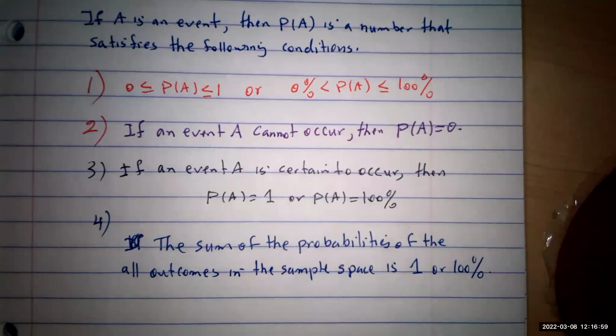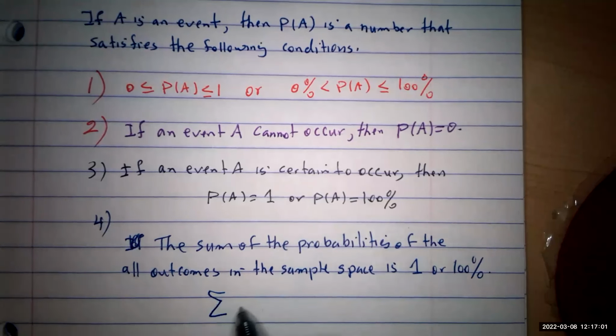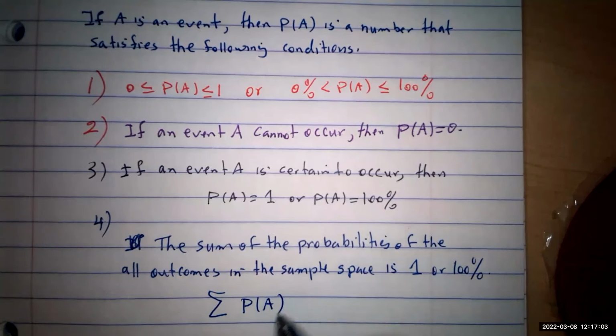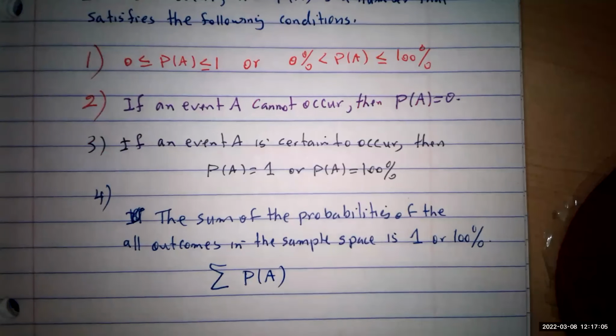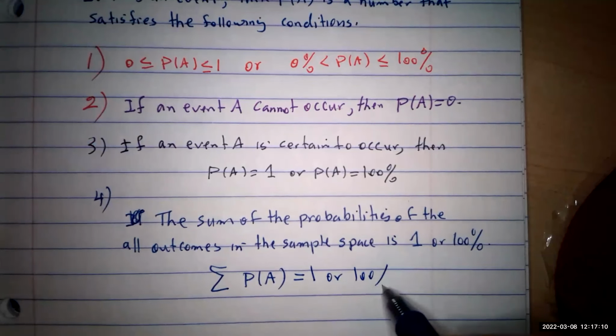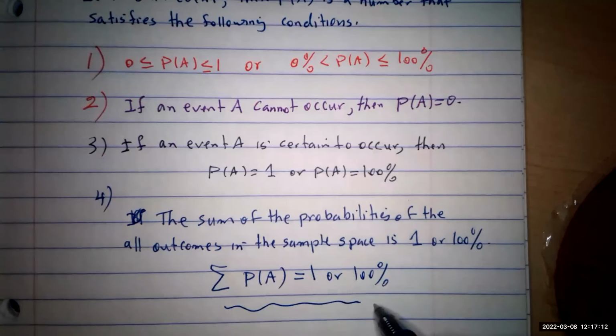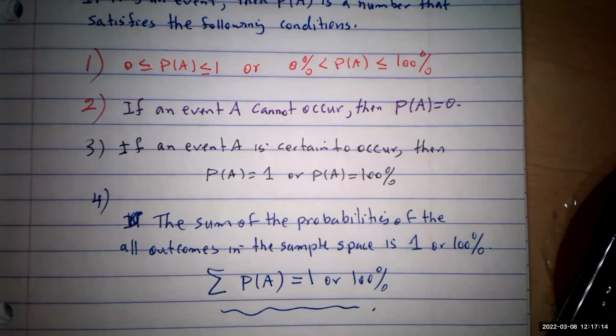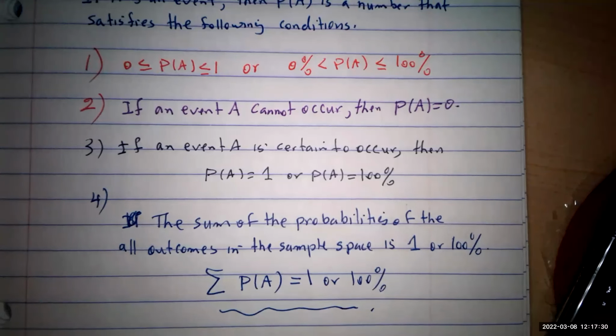Okay, and this is the way we write it down. Sigma of P of A, meaning all the possible probabilities, is equal to 1 or 100%. So for example, if you say the probability of having rain tonight is 30%, then the probability of not having rain tonight is going to be 70%, because 30% and 70% give you 100%.